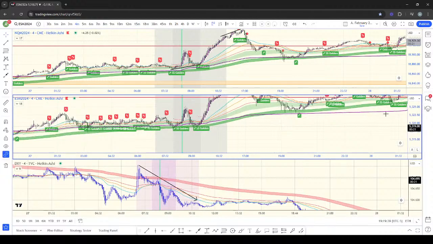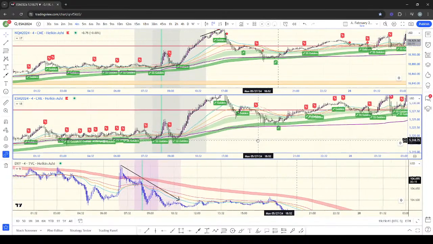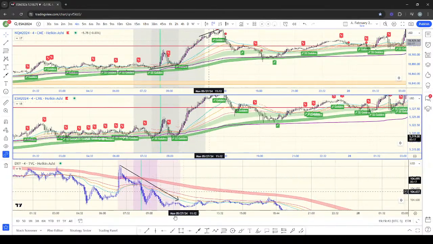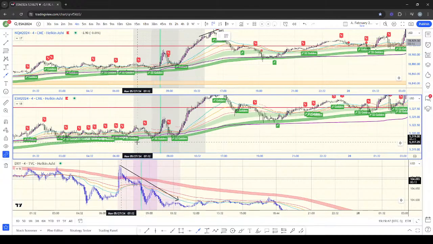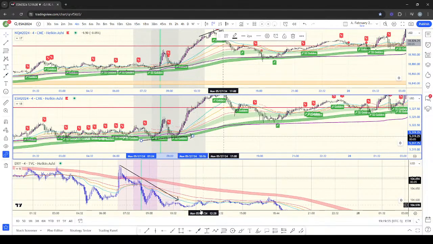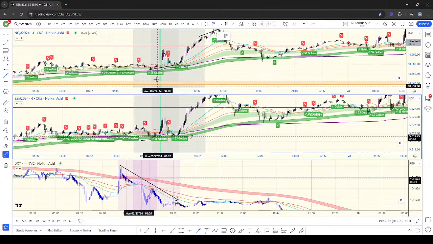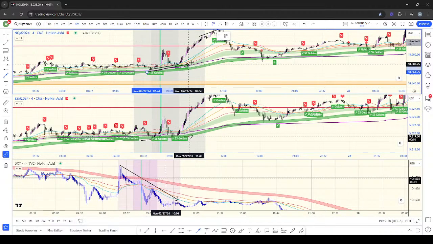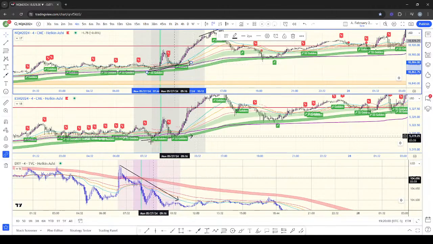And looking at ES and NQ, you can already see the trend. It's like a nice sequence. Once again, price is pushing up, and on NQ right here, price is pushing up.